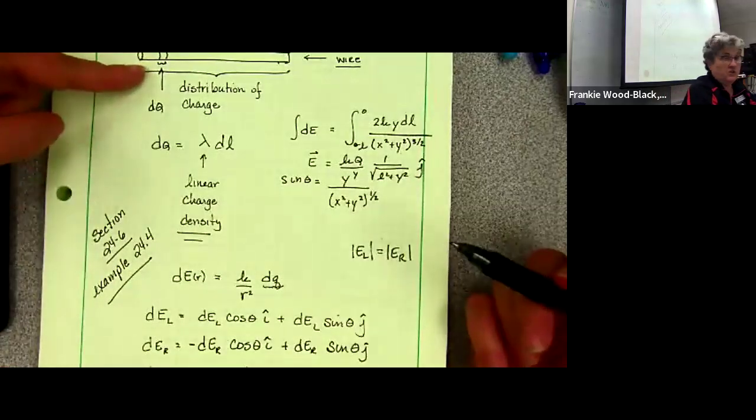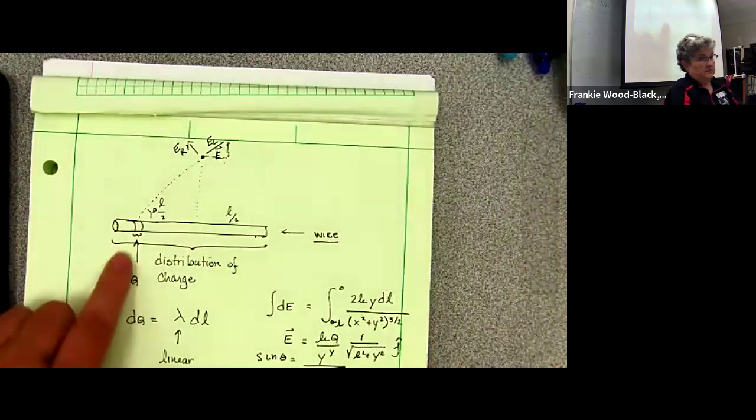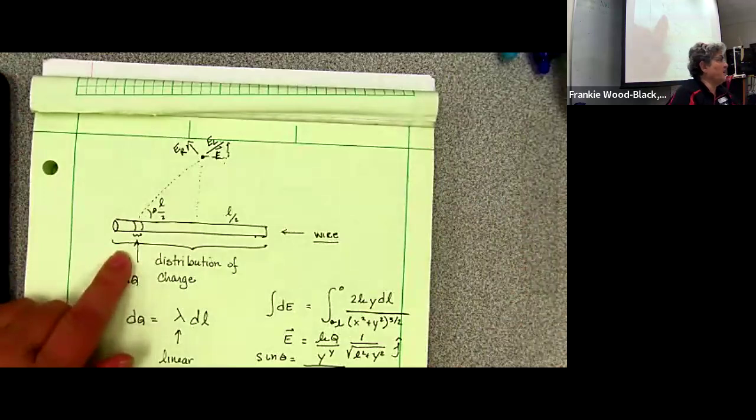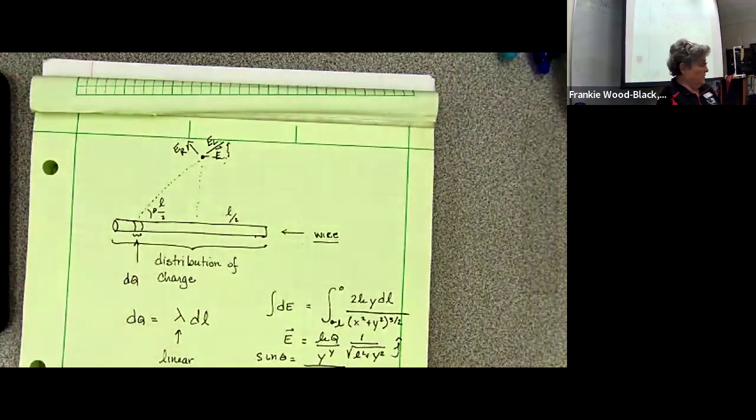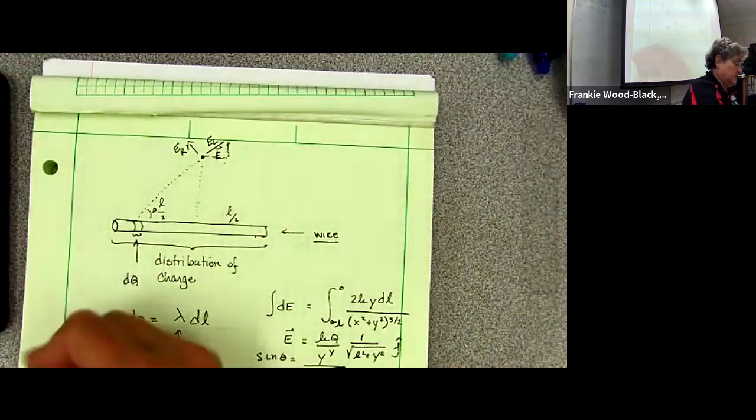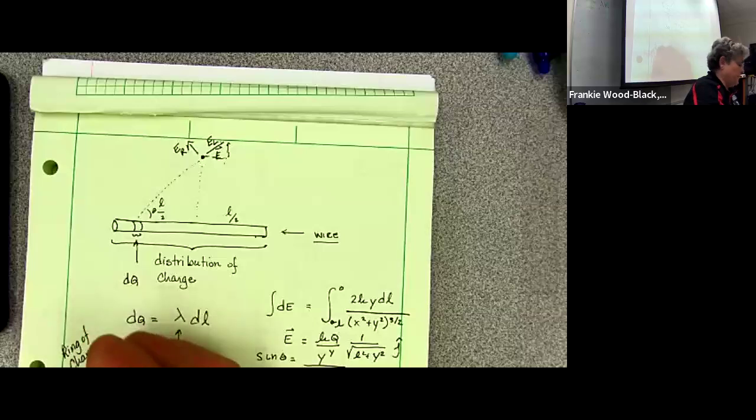But you can do it for a ring of charge. You can do it for a sphere of charge. You can do it for squares of charge. You can do it for a variety of different ones. And they do the ring of charge one, by the way. The ring of charge example is example 24.5.